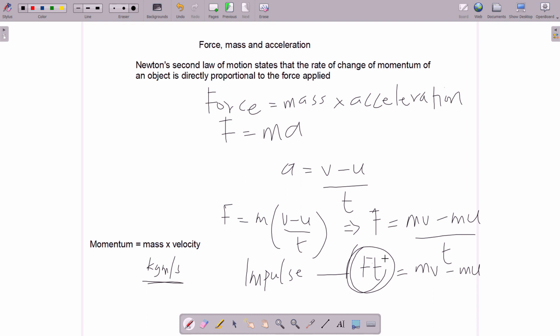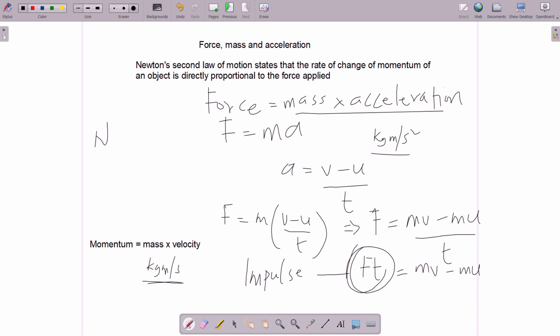Or you can look at it differently. Force has a unit of Newton. Or from this, we know that mass is measured in kilogram. Acceleration has a unit of meter per second squared. The derived unit for force is kilogram meter per second squared.